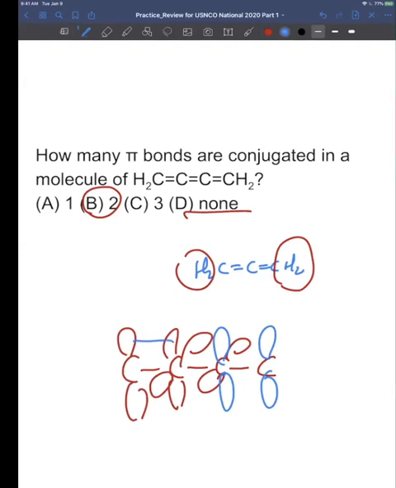The double bond between the first 2 carbons is here. The double bond between the last 2 carbons is here. The double bond between the central 2 carbons is here, right? So if we're asking about the conjugation, which is here, there are 2 pi bonds conjugated with each other. Make sense?